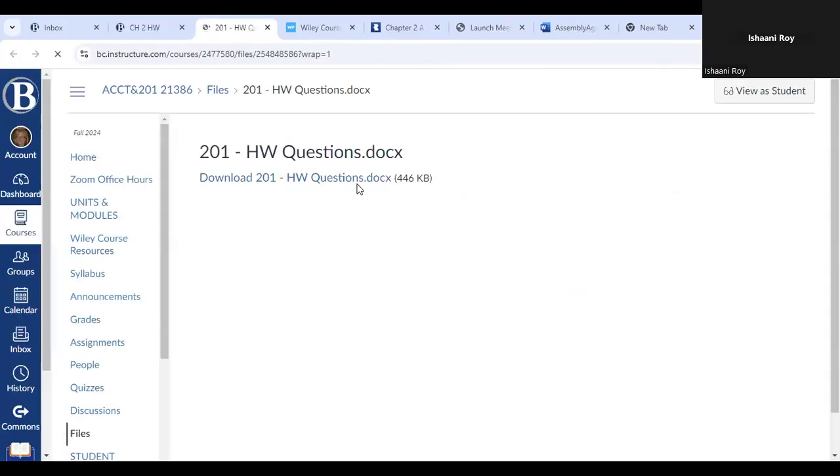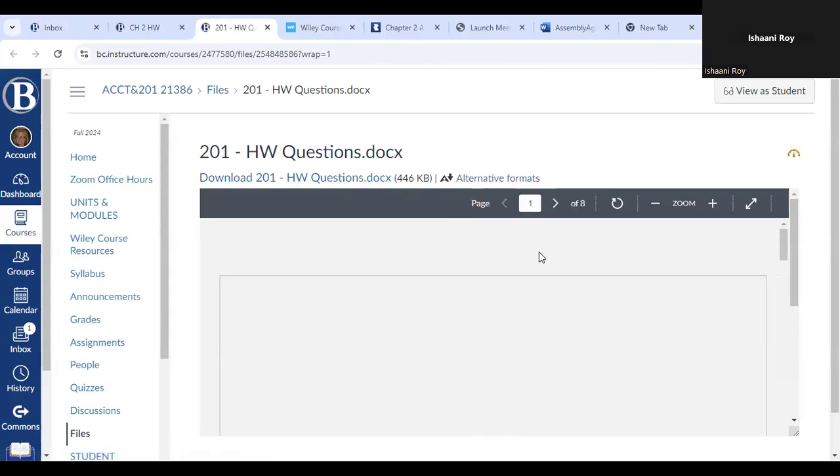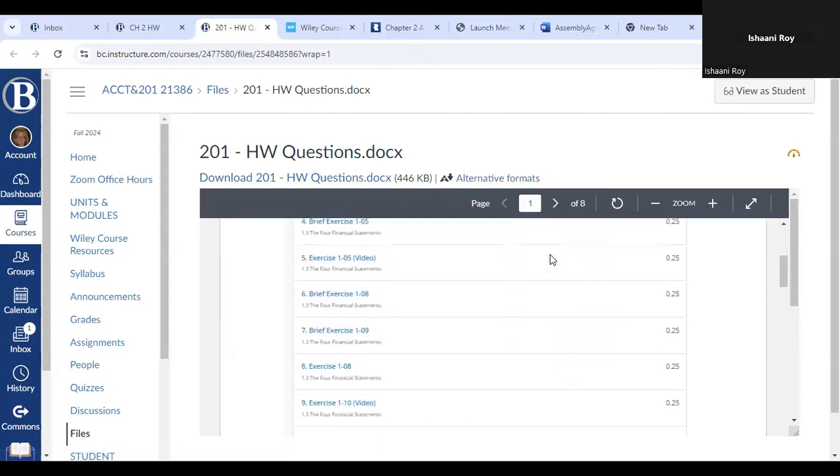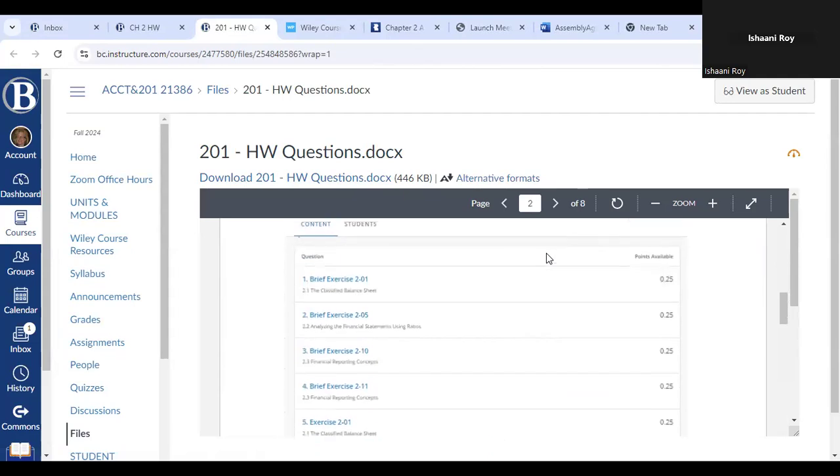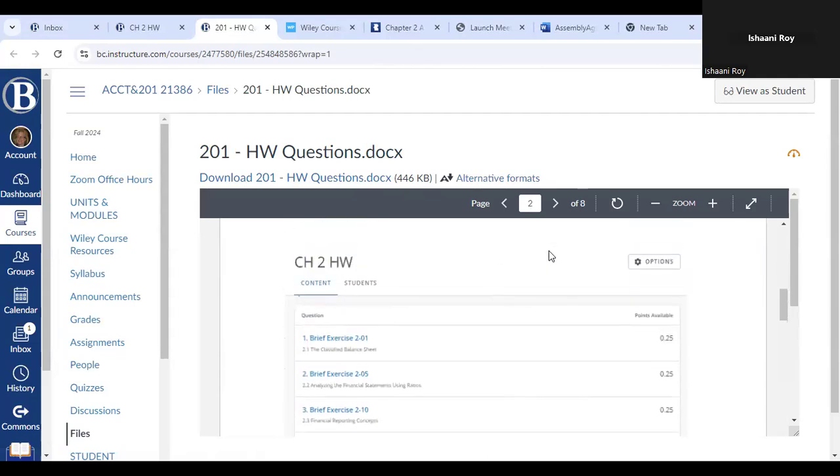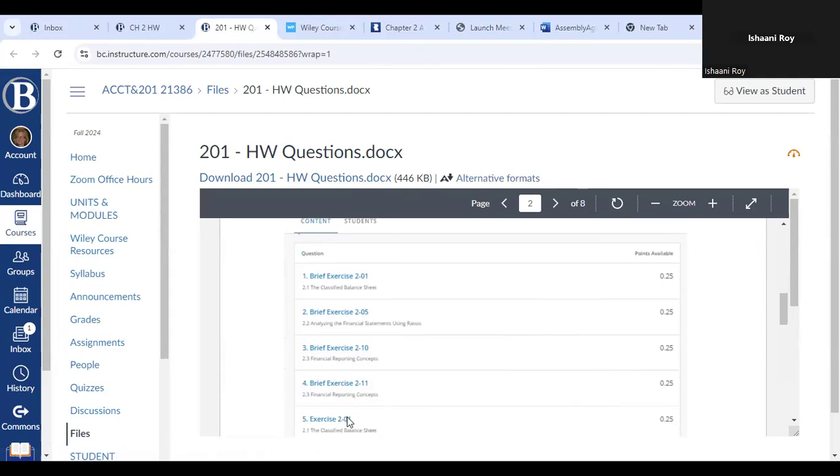All right. So if we scroll down here, we come to chapter 2. And it says brief exercise 2-1, brief exercise 2-5, 2-10. Yeah, I see those there, but I can't find it in the textbook.